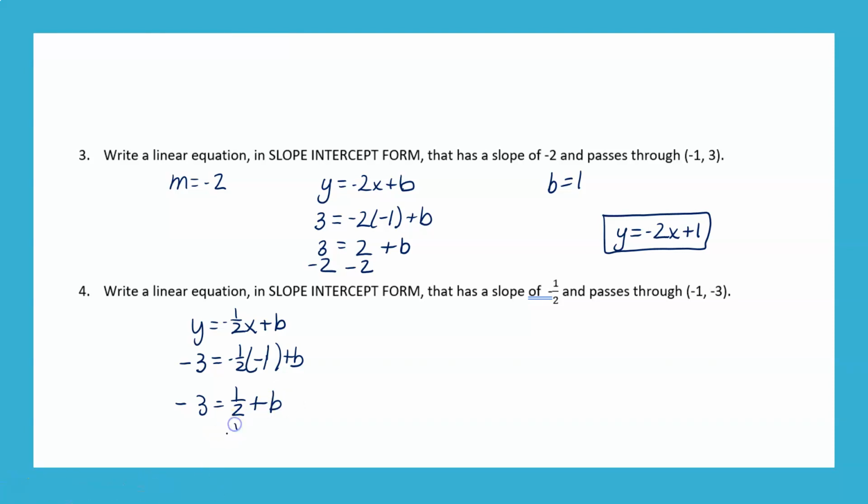Okay, so I'm going to subtract 1/2 from both sides. So I have my b is 3.5, or 7/2. So y equals -1/2 x plus 7/2. All right, that was number 4.